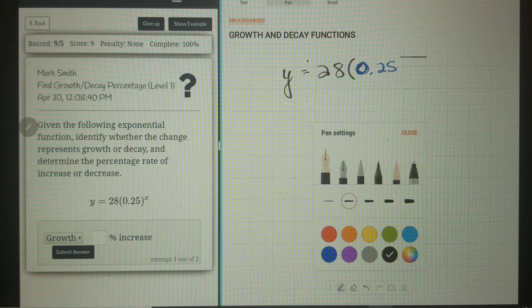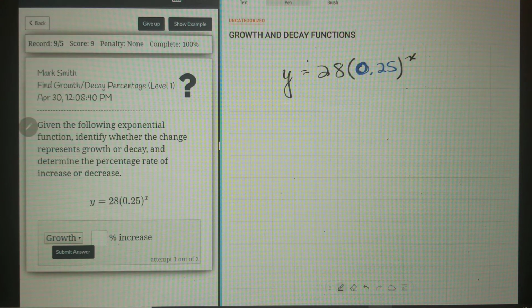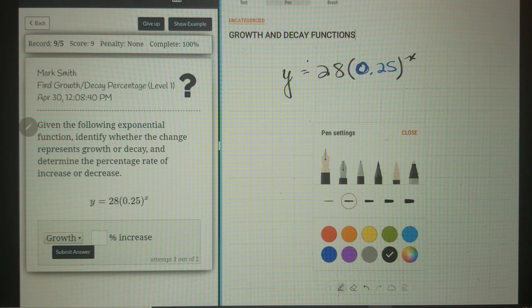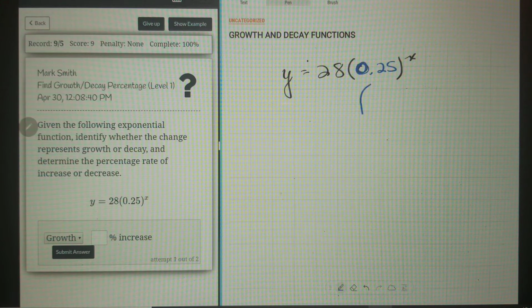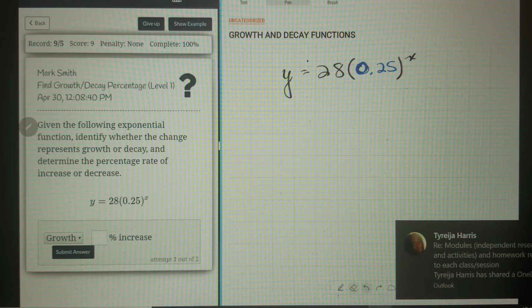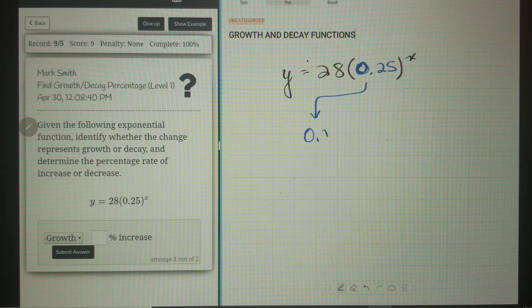You can ignore everything else. It's always nice in a problem. All right, and what you're going to do is take this 0.25, made my arrow wrong. All right, so you're going to take this 0.25 and put it right here, 0.25.